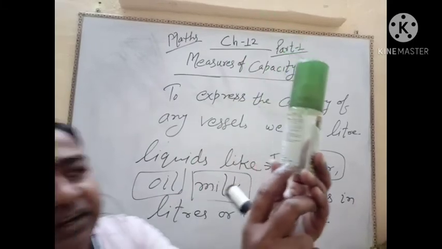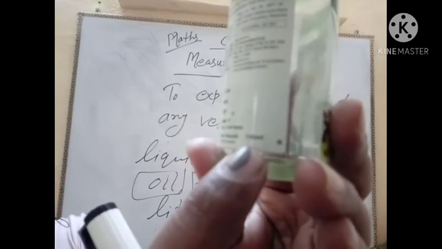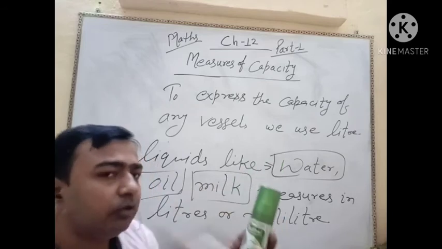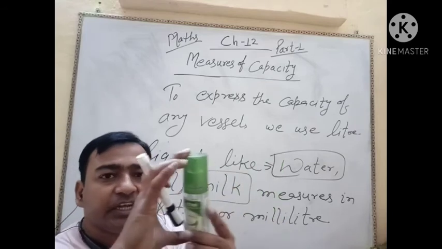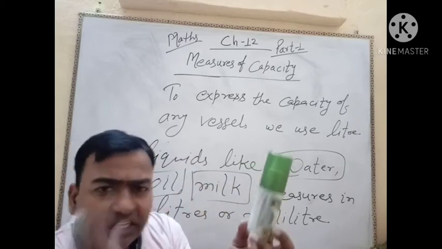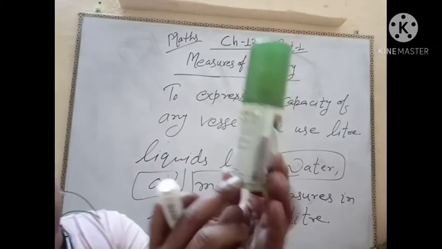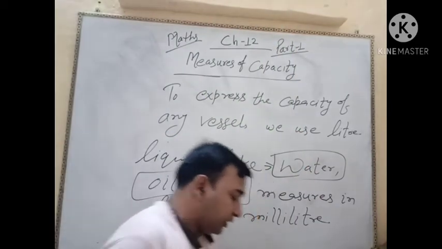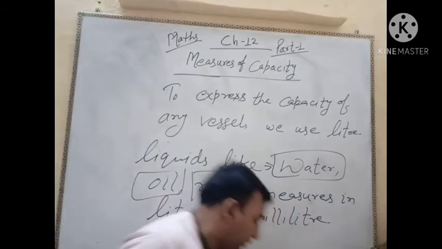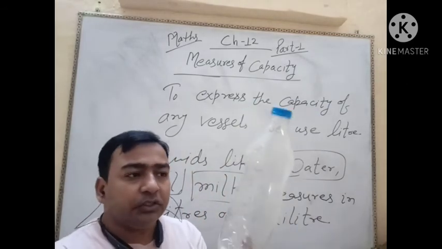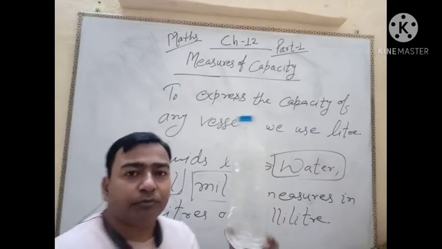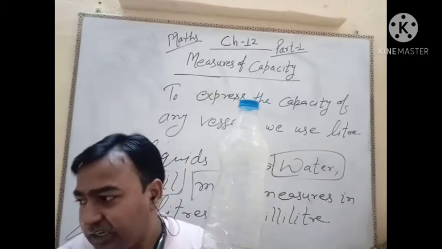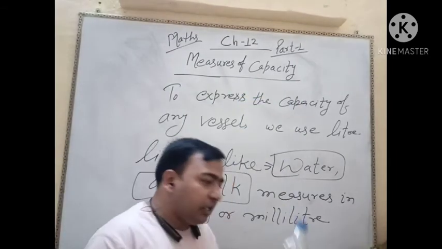It means this container can hold any liquid of 100 ml. Ml means milliliter. This is a bottle of 1 liter. We purchase this type of water bottle from the market. The capacity of this water bottle is 1 liter.